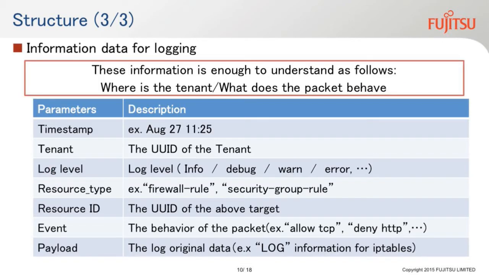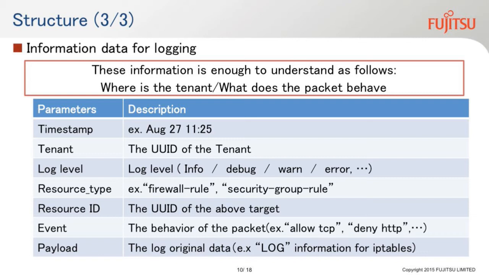So after the log data is transferred to the destination, the most important thing we have to consider is what information is necessary for further processing. Currently, we consider two main questions: where is the tenant, and how does the packet behave?